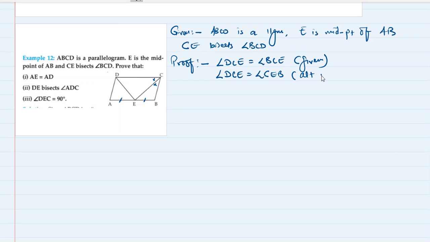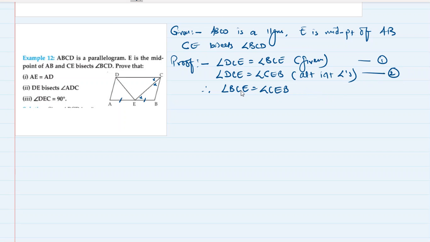Why? Alternate interior angles. So DCE is equal to angle BCE and DCE is also equal to angle CEB. So therefore angle BCE is equal to angle CEB. Okay, from 1 and 2. This is 1, this is 2.